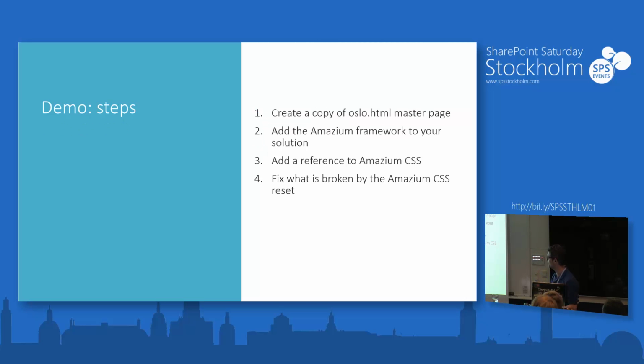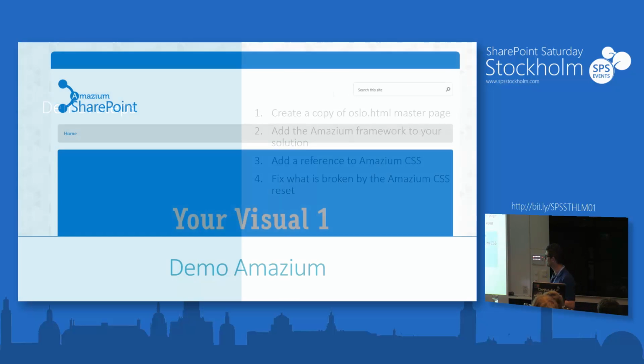I started out with the Oslo HTML master page because I wanted to create a publication. I added the Amazium framework to my solution. The next thing I had to do was add a reference to the Amazium CSS. And it actually breaks a lot of things in your SharePoint environment. So the final thing you'll have to do is fix what is broken by the use of your framework.